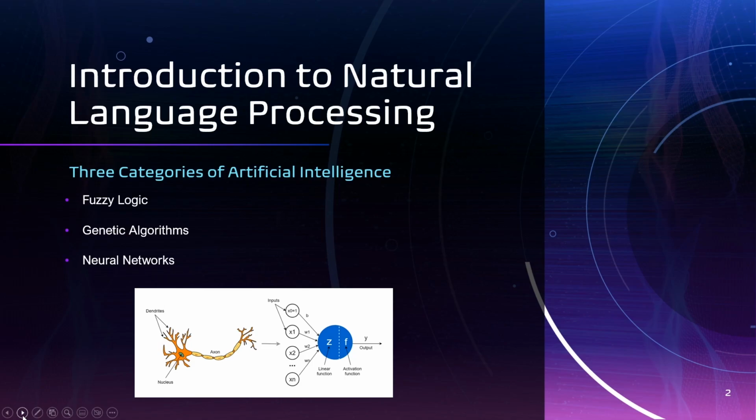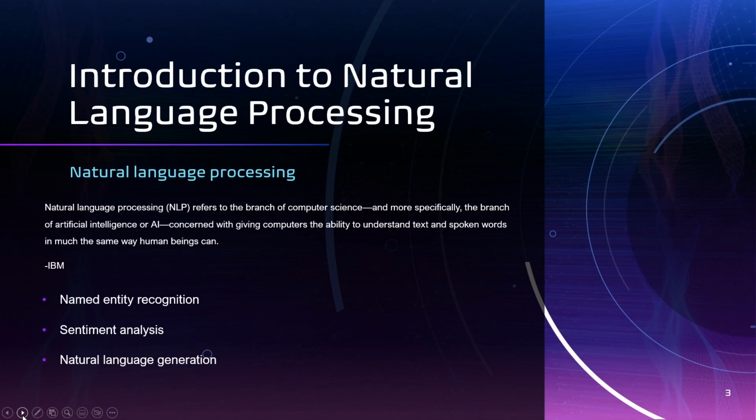So then, what's natural language processing? So here's a definition from IBM. Natural language processing refers to a branch of computer science, and more specifically the branch of artificial intelligence, concerned with giving computers the ability to understand text and spoken words in much the same way that human beings can.